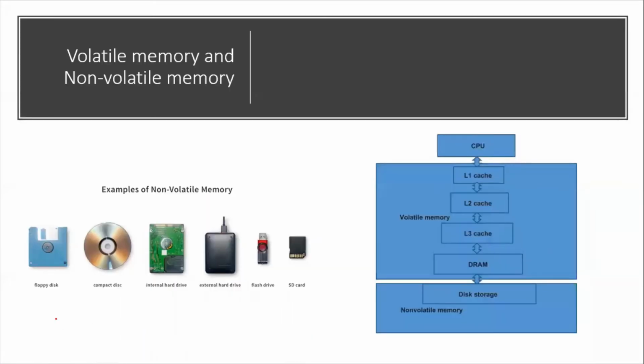Right. Now, what we are speaking about, these memory components are volatile and non-volatile. What's the difference between volatile and non-volatile? If the computer power is not there or power is lost, volatile memory would lose all the data. These are the volatile memory, right?